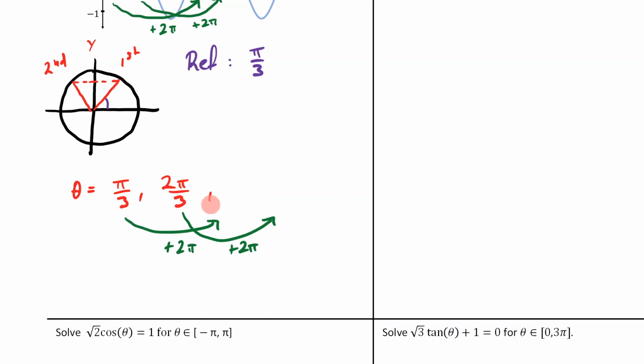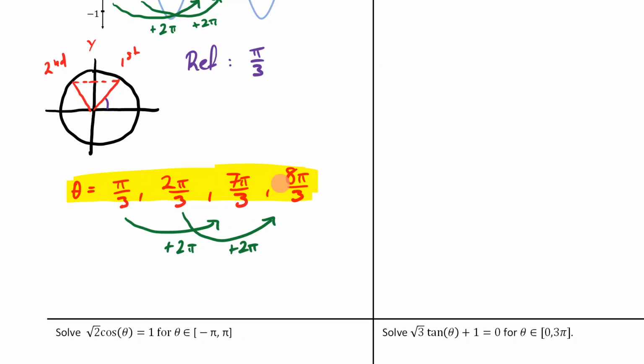All right, so pi on 3 plus 2 pi is the same as plussing 6 pi on 3, so it's going to be 7 pi on 3. Then over here, 2 pi on 3 plus 2 pi is the same thing as 6 pi on 3, so it's going to be 8 pi on 3. And that is what my answer is going to be. So let's highlight that.